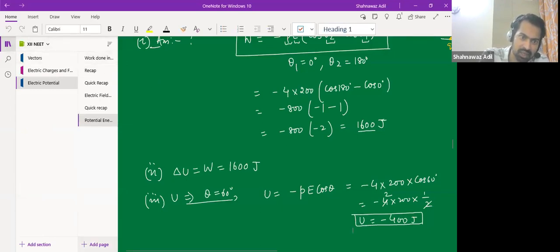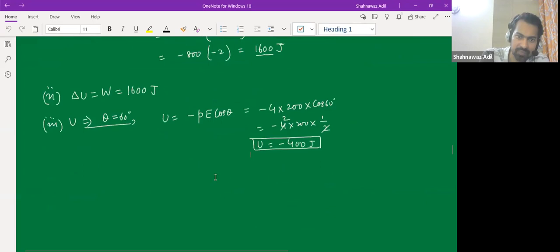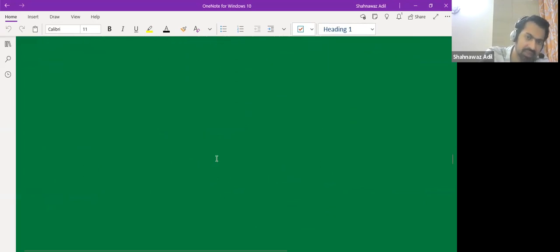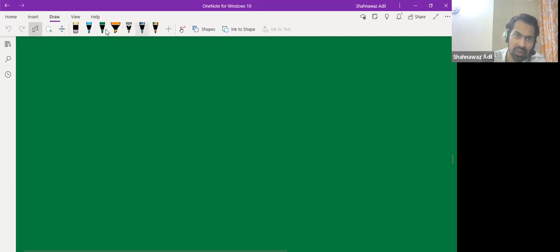So what we have done so far is calculate the electric potential and potential difference of different distributions, and then we calculated the potential energy of different distributions.